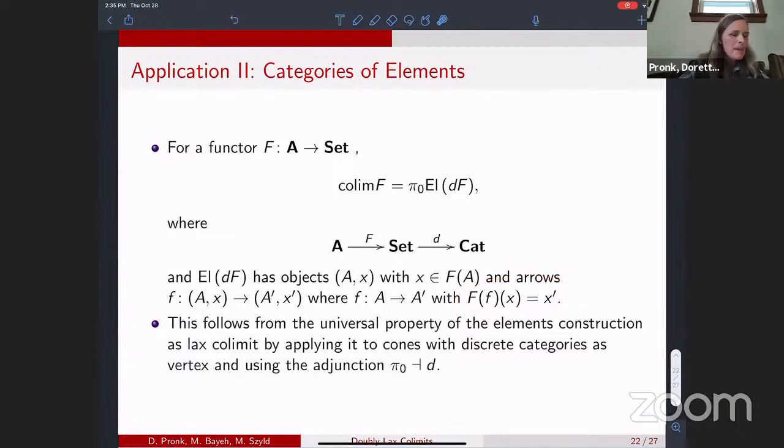And then you can see that its universal property can be translated via the adjunction between pi naught and discrete to get that the colimit of F in Set is pi naught of the category of elements of F. And actually, this is often an exercise that I will give to my students towards the end of the term.